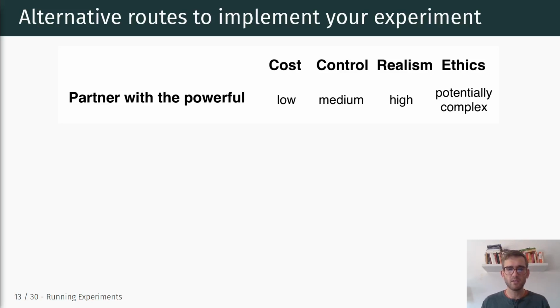So we talked a lot about different types of experiments, and especially when we're talking about experiments that are happening online, for example, using social media platforms, oftentimes they require partnering up with companies such as Facebook or Twitter or other companies, right?